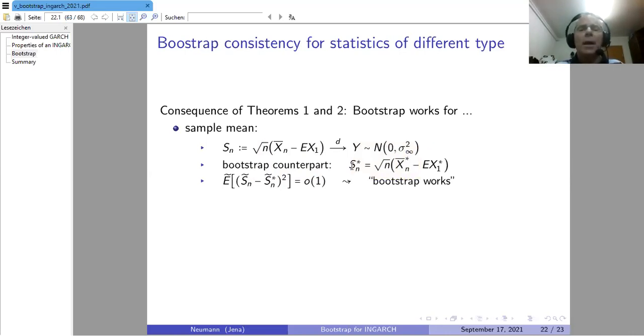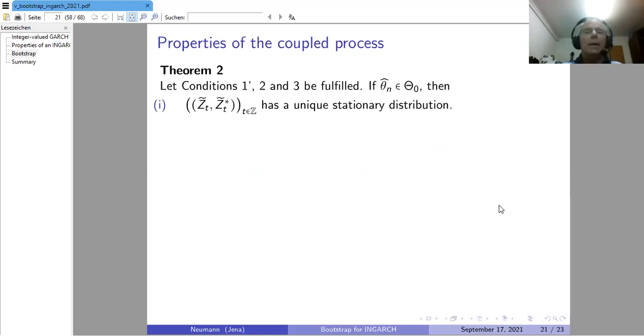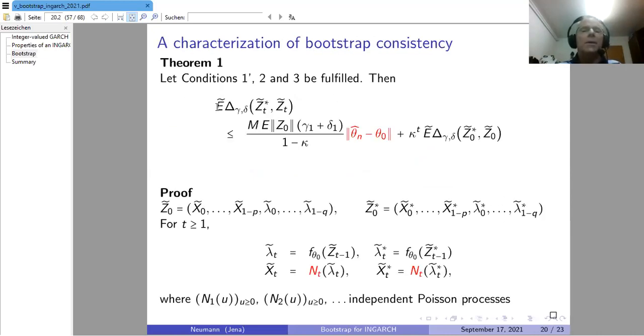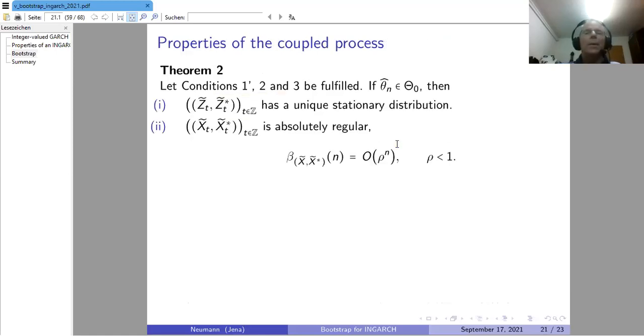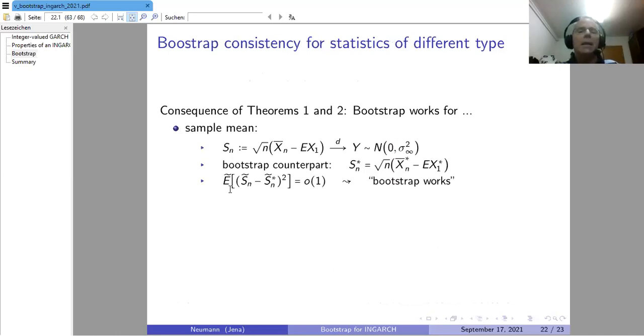The bootstrap counterpart is this one, and based mainly on this coupling result and also on the absolute regularity of the coupled process, based on these two results, we can easily show that the squared deviation of these two random variables converges to 0 as n tends to infinity.